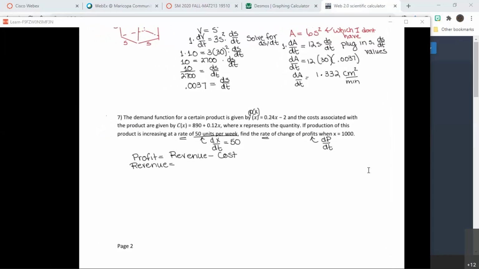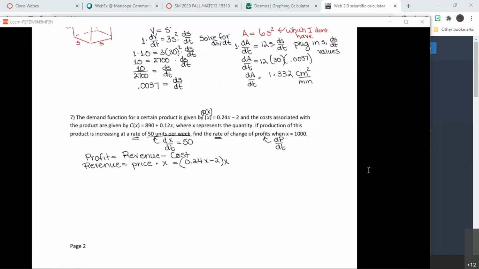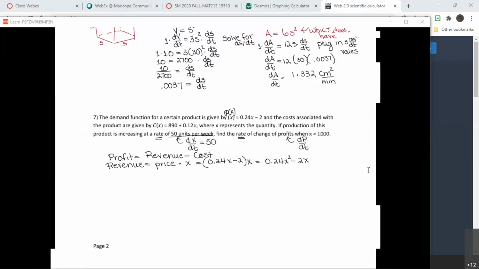Remember from our example with the hockey arena, revenue is your price times how many you're selling. So this is going to be price times X. They gave me a price equation, so I'm just going to multiply that by X. So my revenue equation is that.